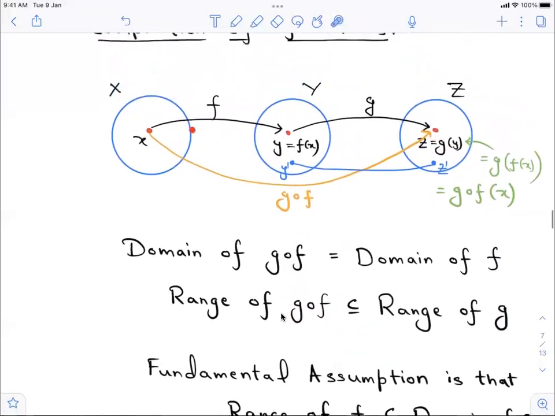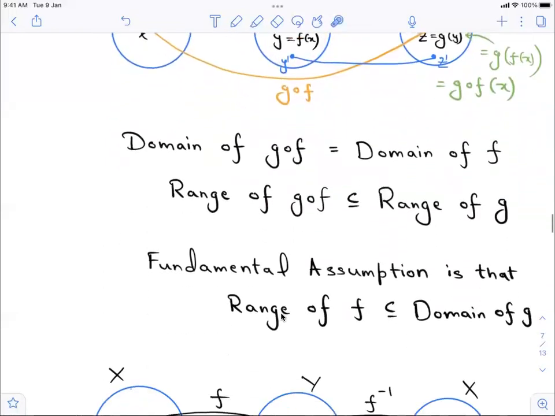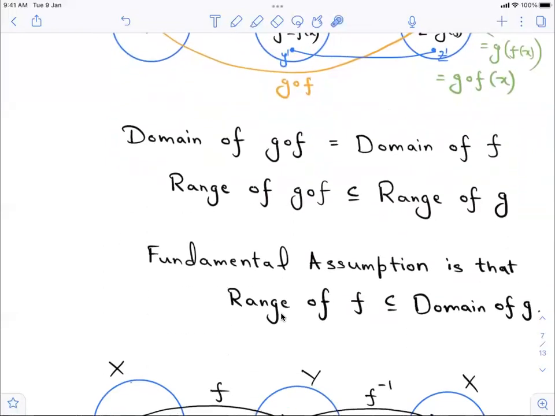Here in this picture, this assumption was already made, that every input in X has an output in Y. Unless the range of f is contained in Y, I won't be able to send it to Z, right? So for a composition to make sense, the range of the first function should be contained in the domain of the second function.